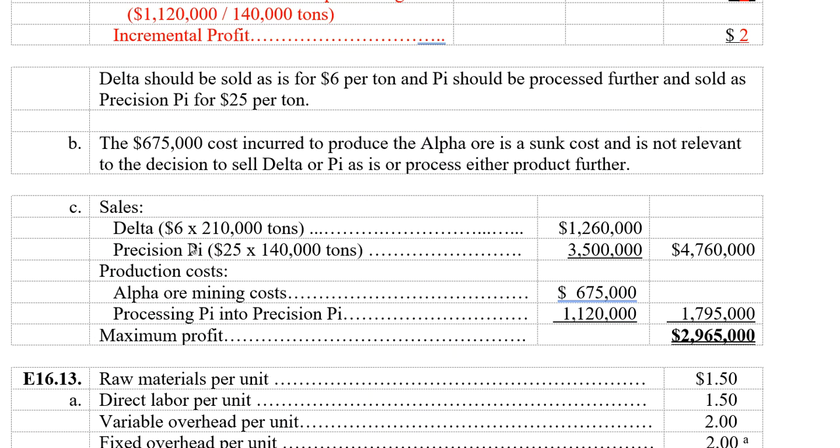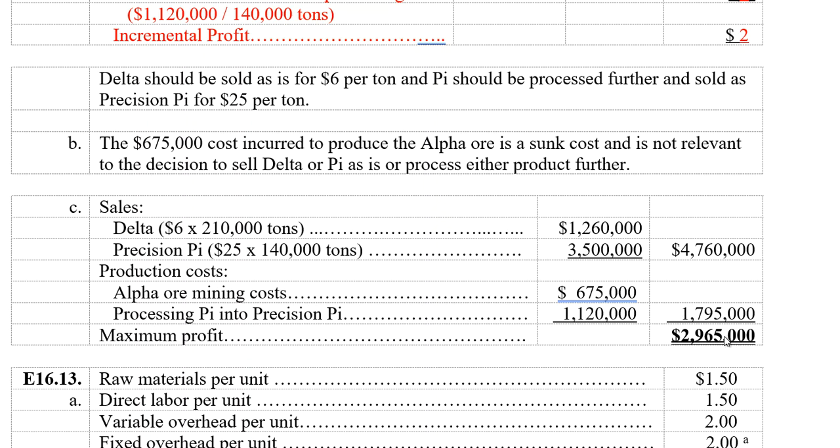But if you go down here and look under sales, guys, if we sell delta for $6, and we sell precision pi, not pi, but precision pi, for $25, they're going to pull this much revenue. We're going to have production cost involved, like that initial sunk cost you have to include here as a cost, and then the cost of processing pi further has to be added to it.